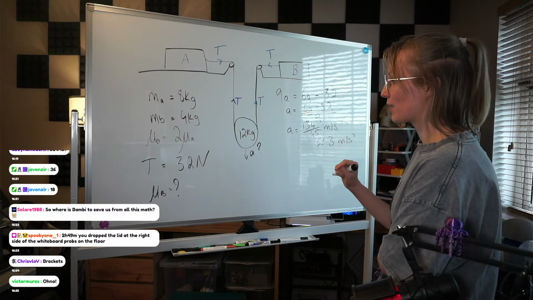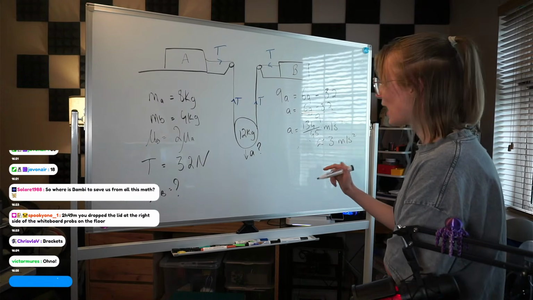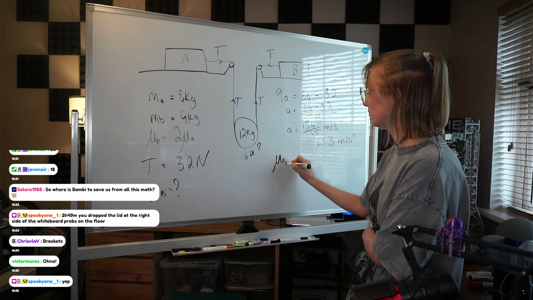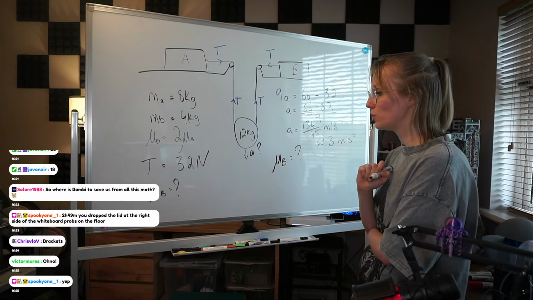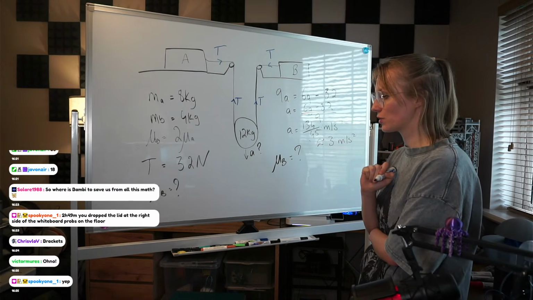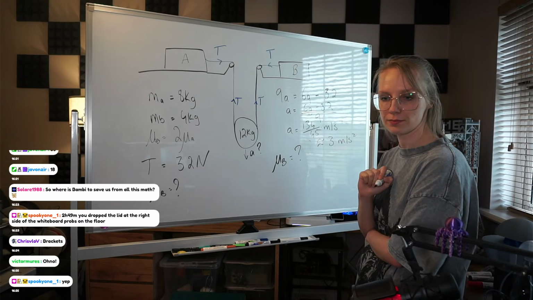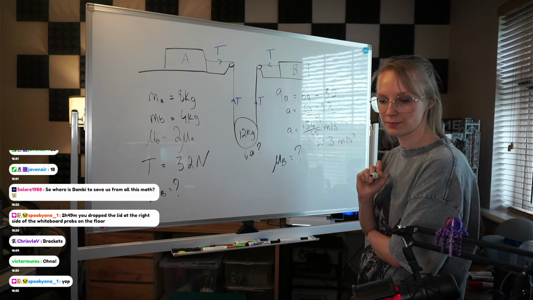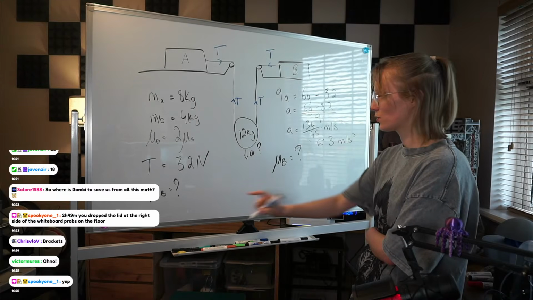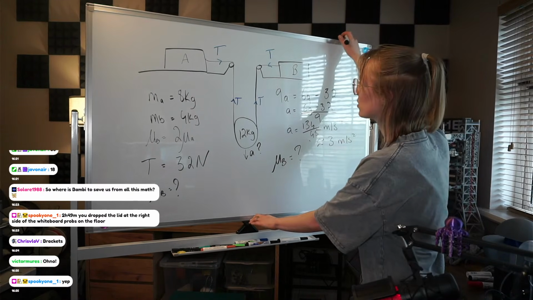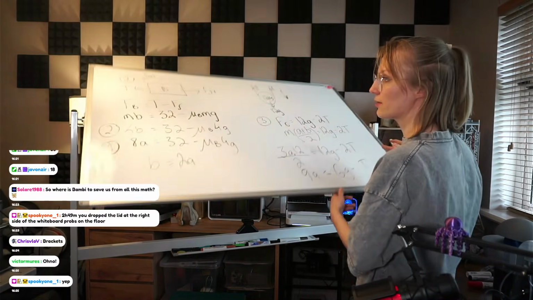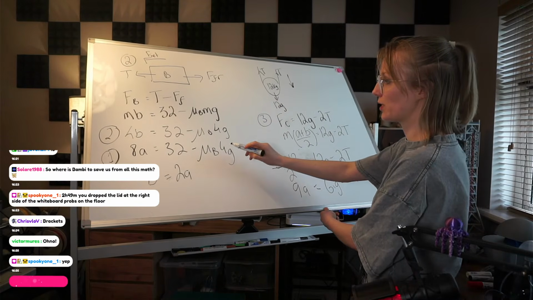So, working backwards, how can we calculate mu b? What is mu b going to be equal to? That's part one of the question. Well, let's look back at, I took it down, did I? No, I still have an equation here.